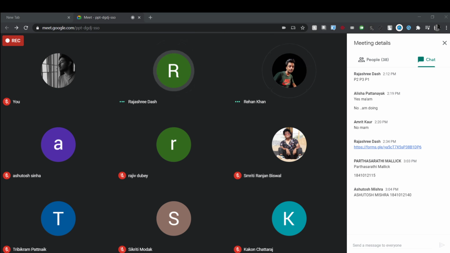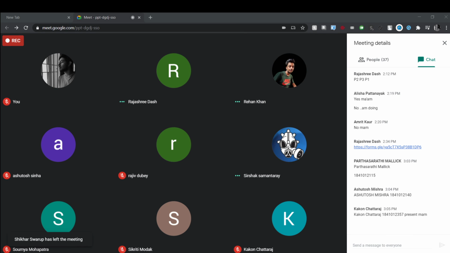Shikhar Swarup, present, ma'am. Soumya Mahapatra, present, ma'am. Tirsak Samantray, yes, ma'am. Ananya Lekha, present, ma'am. Shruti Namra Mohapatra, present, ma'am. Khushi, present, ma'am.